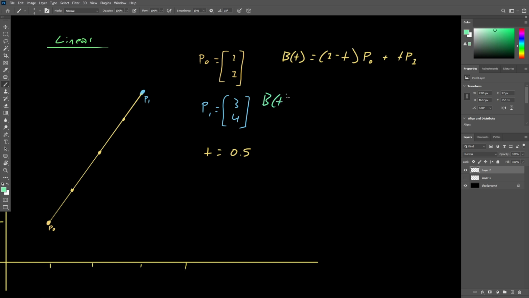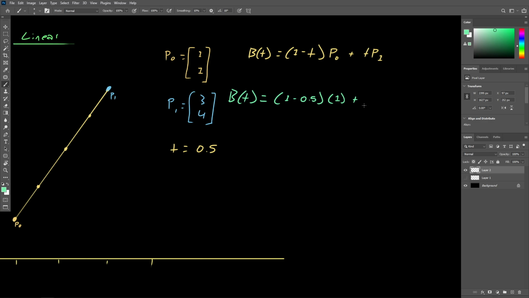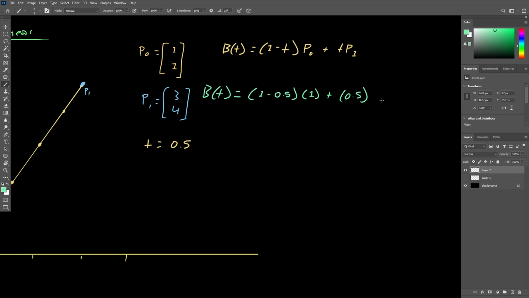So B of t is going to be equal to 1 minus 0.5, because we are using the value of 0.5 for t, times the x component of P0, which is 1, plus t, so 0.5, times the x component of P1, which is 3.